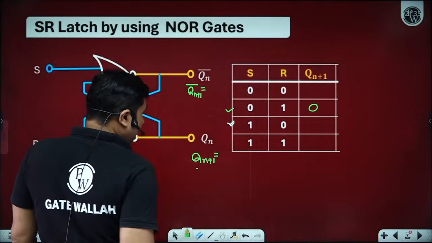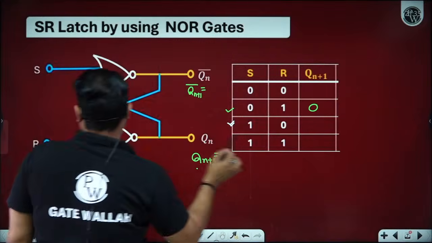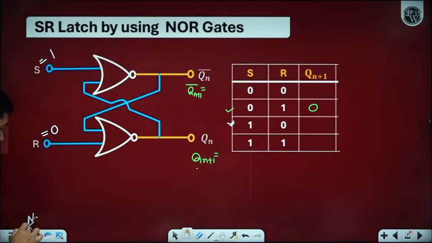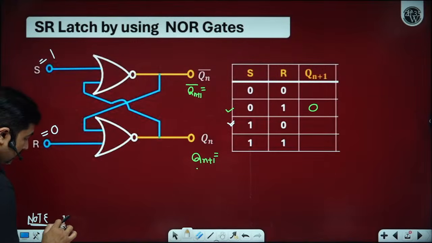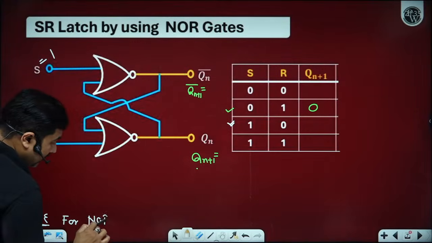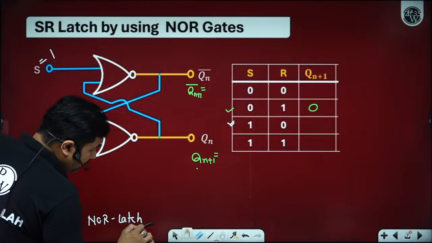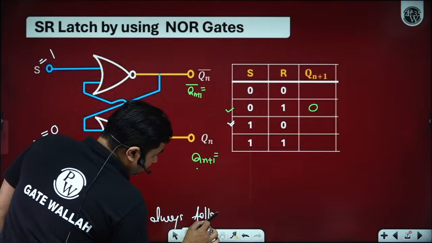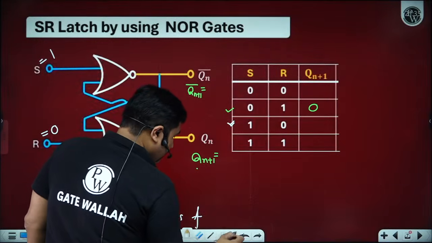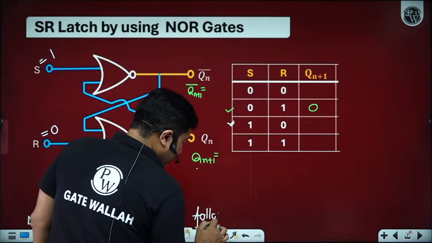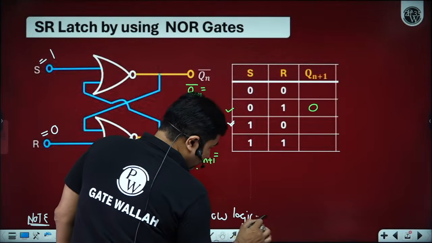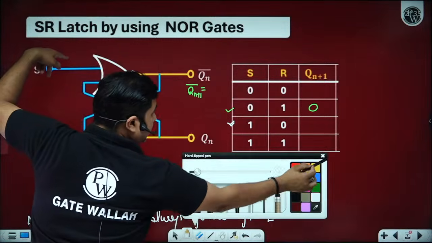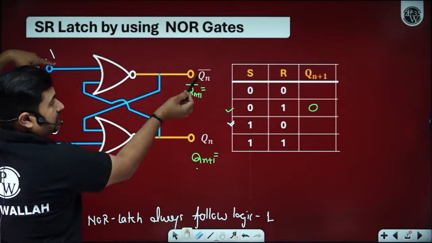For NOR latch, always follow logic 1. So if we have S is equals to 1, then it doesn't matter what is Qn and what is Qn bar.